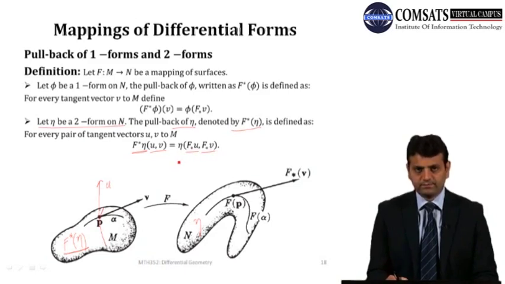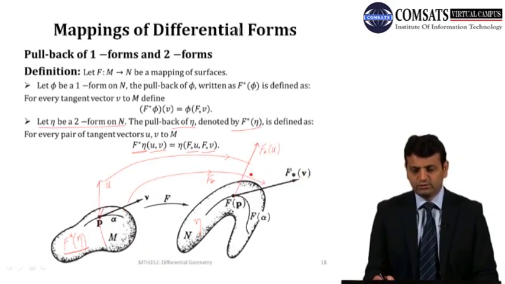Now once again what we did is, we took the image of the tangent vectors u and v to m under the tangent map. So this is the tangent map. Under this tangent map we get f lower star of v, and under this tangent map we get f lower star of u.